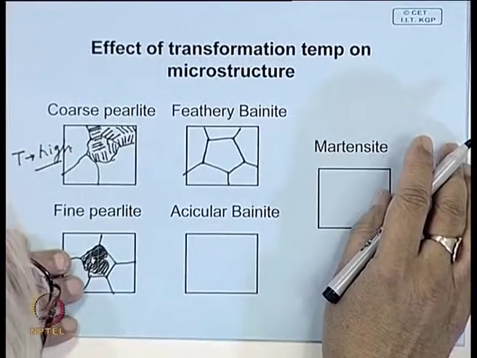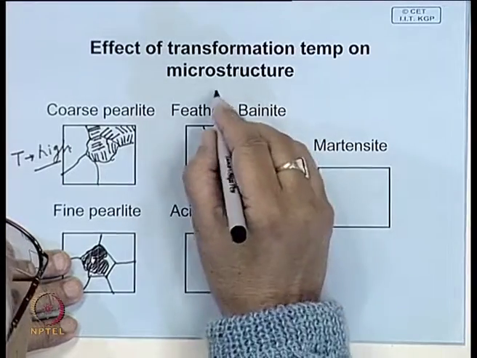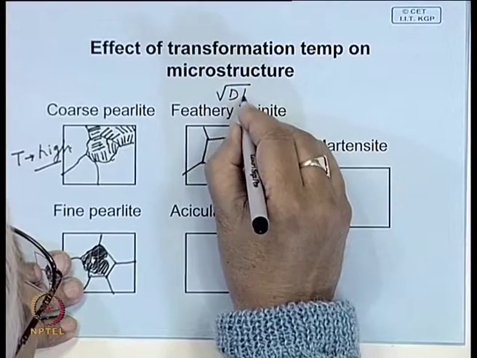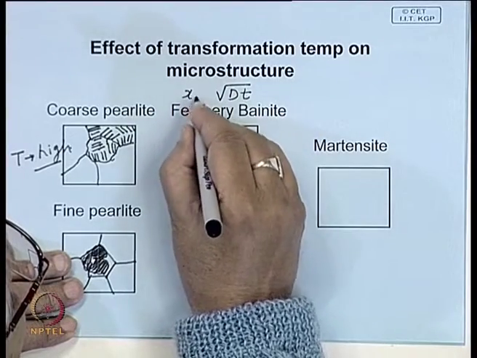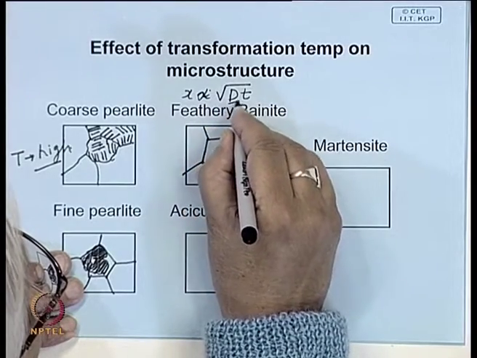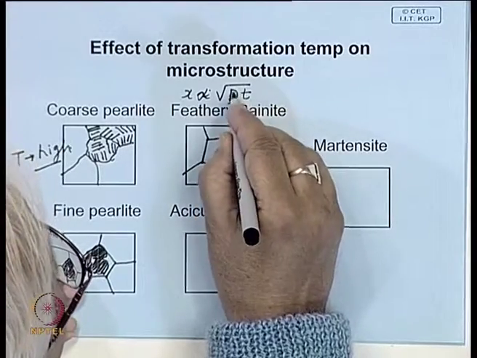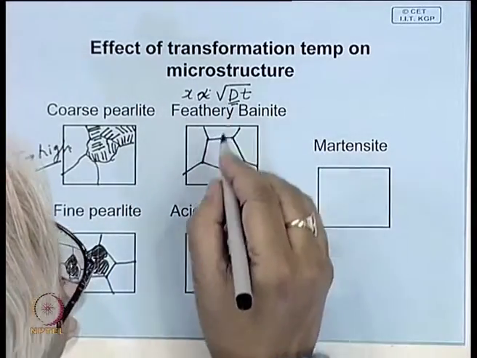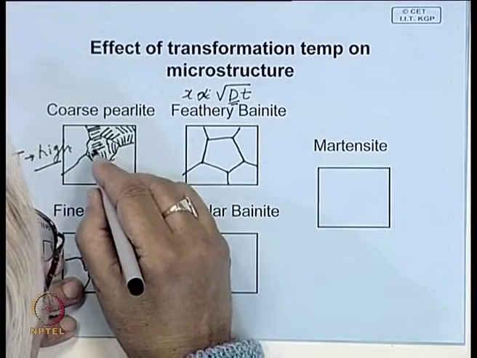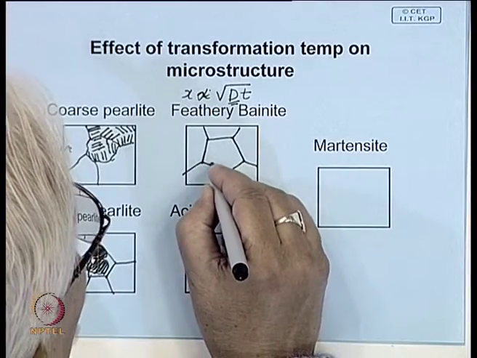We know that diffusion distance is proportional to root over Dt, and at lower temperature this D value is very small. Therefore, the carbon atom will not be able to move over a large distance to form this type of lamellar structure. So, what happens here?